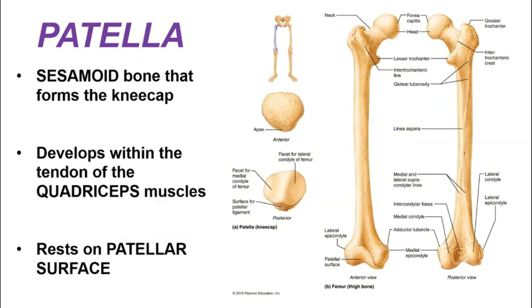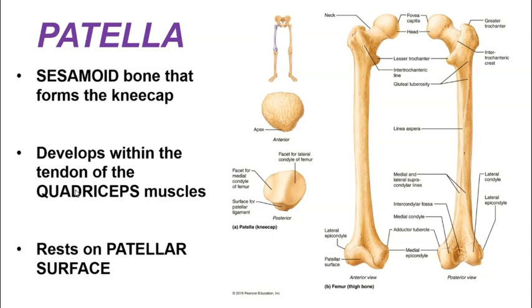Moving distally from the femur, we see the small, triangular shaped patella bone. This is a sesamoid bone, a short bone that develops within a tendon that crosses the anterior part of the kneecap. All sesamoid bones are short bones that develop within tendons.